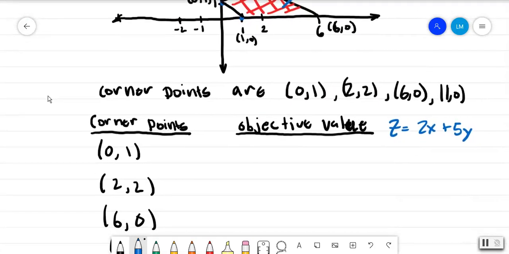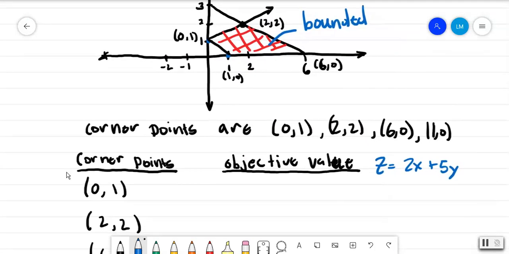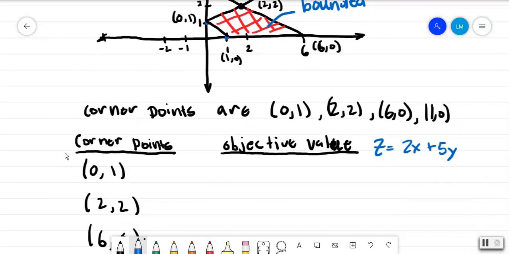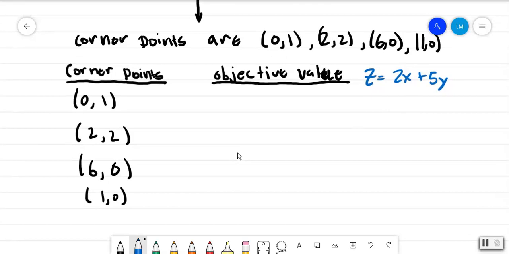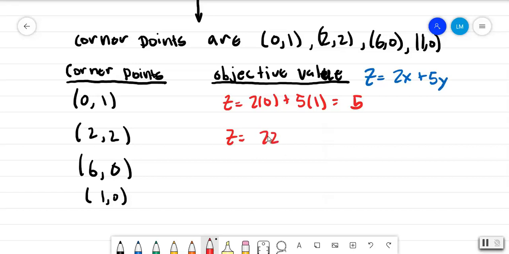Now the thing we need to do here is figure out which is the largest or smallest value that we have. For (0, 1), z equals 2 times 0 plus 5 times 1, which is equal to 5. Similarly, for (2, 2), 2 times 2 plus 5 times 2 is equal to 12.